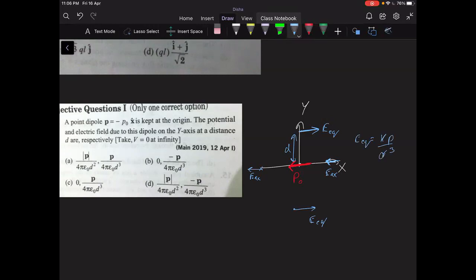So in this case, r is d, minus Kp by r cubed, vector formula. E equatorial is equal to minus K p vector by r cubed, here r is d. Answer is this one. And potential, how it is zero, I will not go into.